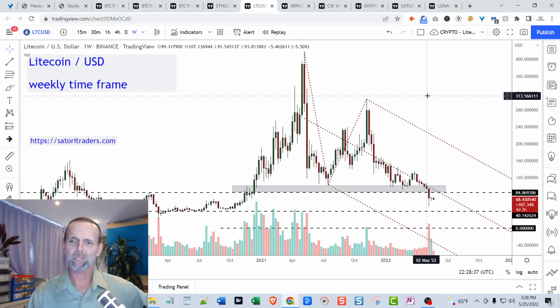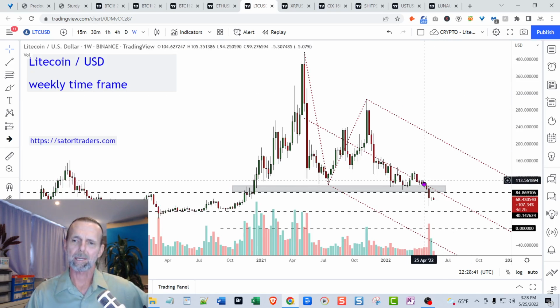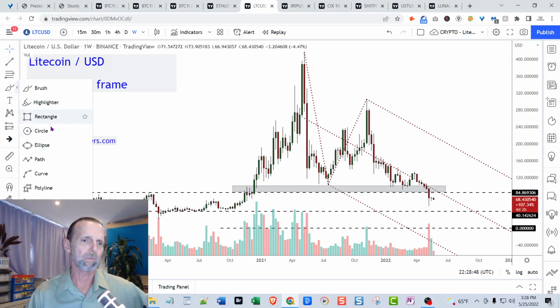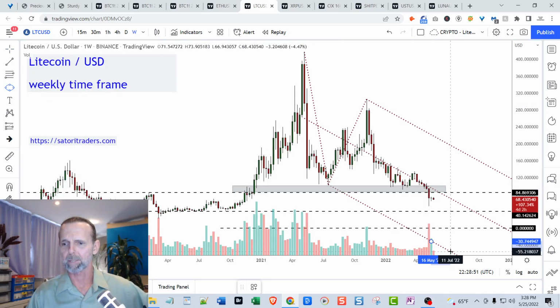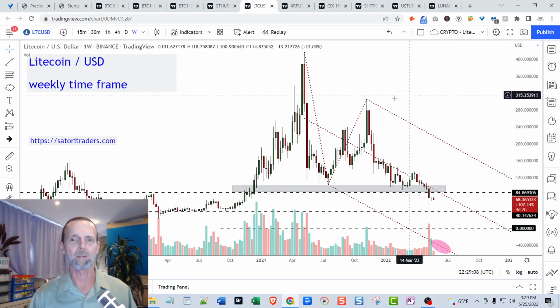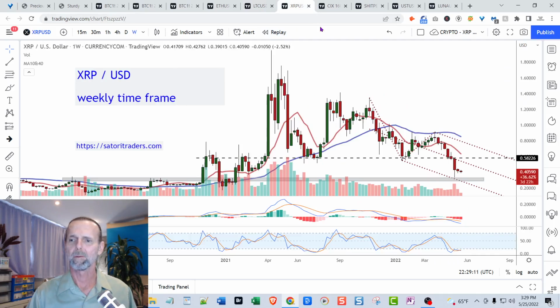Now in Andrew's pitchfork terms, once price moves through a median line, our price target becomes the next median line, which in this case would give us a target down here somewhere. But notice that that's below zero, because this is zero, and most things don't drop below zero. So if this support level doesn't hold around 40, zero is probably the next stop for Litecoin.